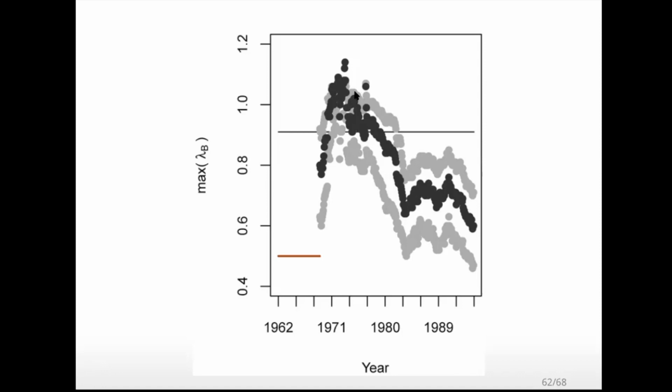So hopefully I don't get this wrong, Mark. I think the rate of return is higher here, so it's more stable here and less stable here. So it has become less stable, I think, is the point there.